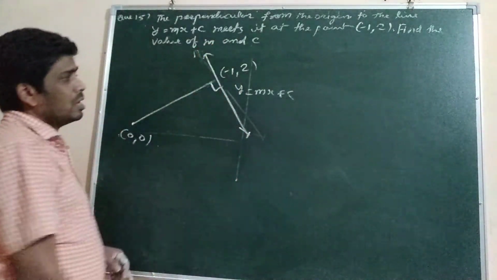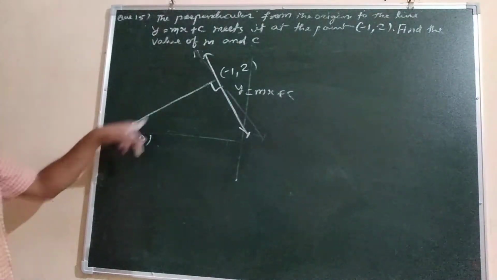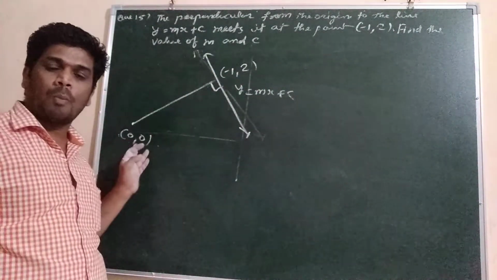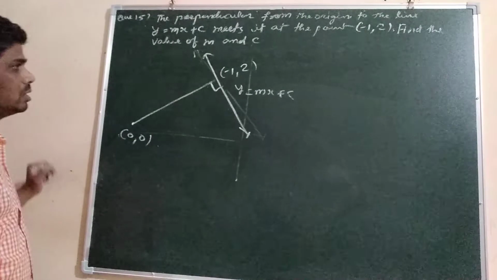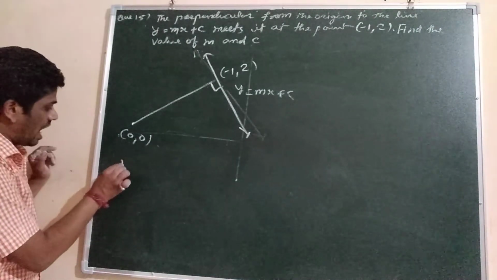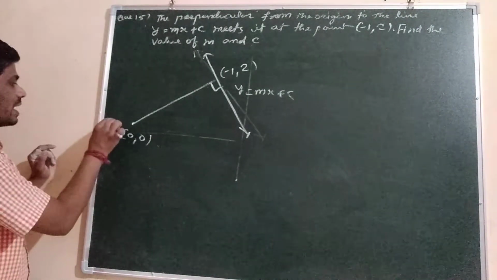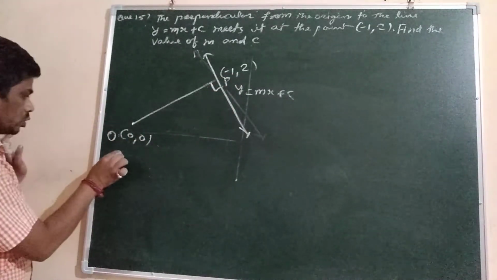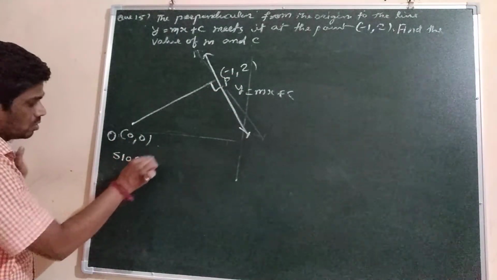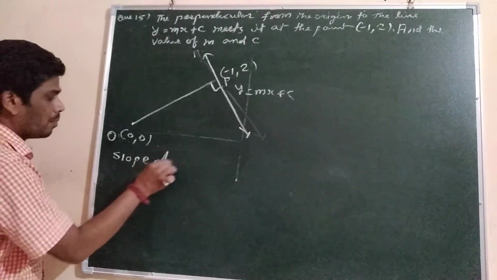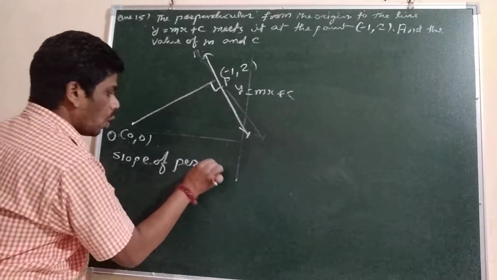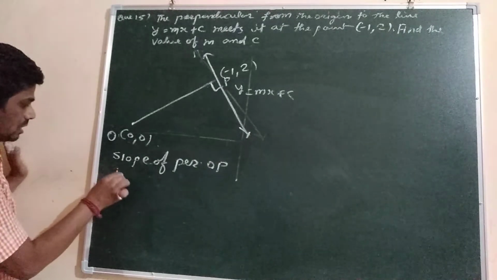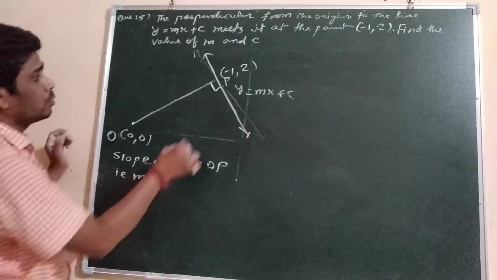Now these 2 points are given, so we can find the slope of this perpendicular. Suppose we represent the origin by O and this is P. So slope of the perpendicular OP, that is m1, equal to y2 minus y1 upon x2 minus x1.